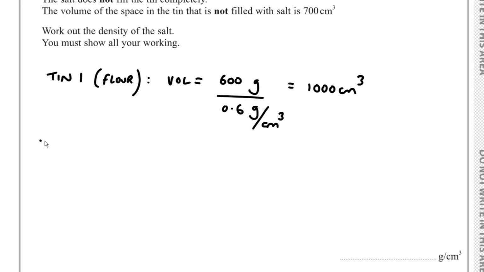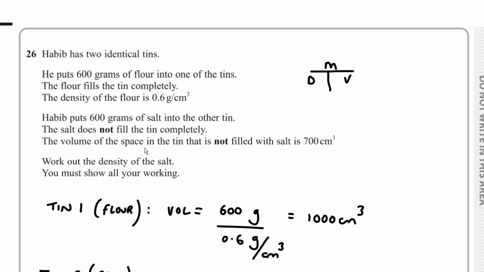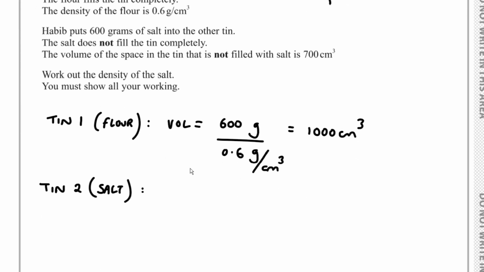And if I take a look at tin 2, which contains the salt, the mass is 600. He does not fill the tin completely. The volume of space in the tin that is not filled with salt is 700. So that means the volume will equal 1000 take away 700, which is 300. So we've got 300 centimeters cubed.